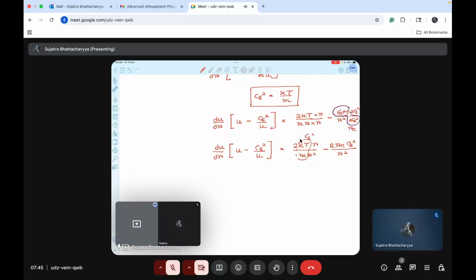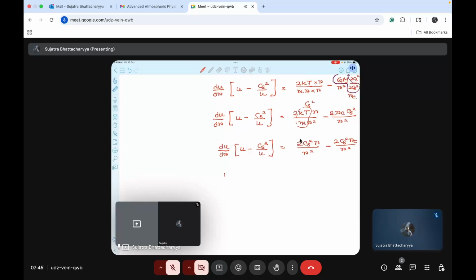So let me write it once again. So du/dr, u minus cs square by u is 2cs square by r divided by r square minus 2cs square rc divided by r square. So finally, this is the expression which we will be getting.